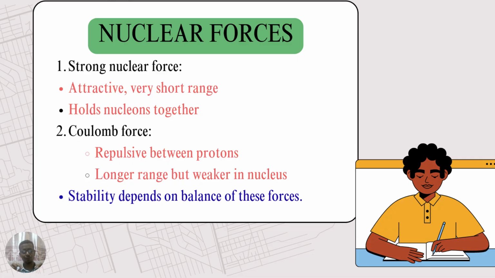The strong nuclear force is attractive and very short range. It is an attractive force between proton and neutron, and it holds these nucleons together. Whereas the Coulomb force is a repulsive force between the protons, and it is long range but weaker in a nucleus. So the stability of the nucleus is based on the balance of these two forces.